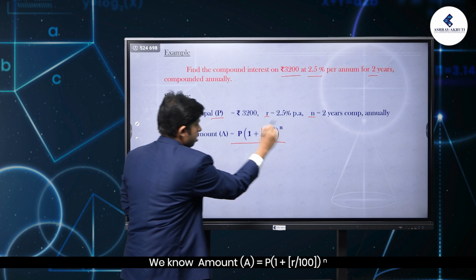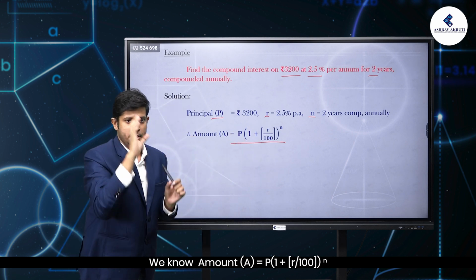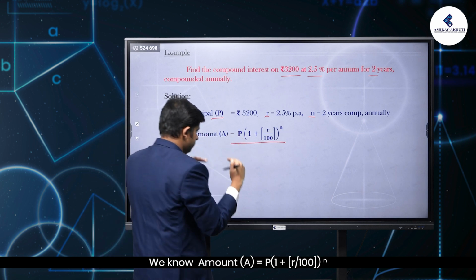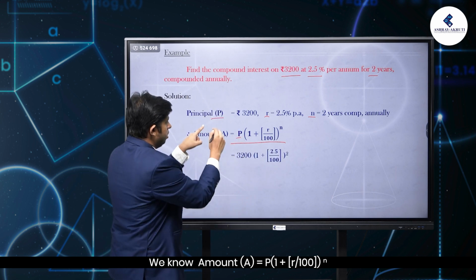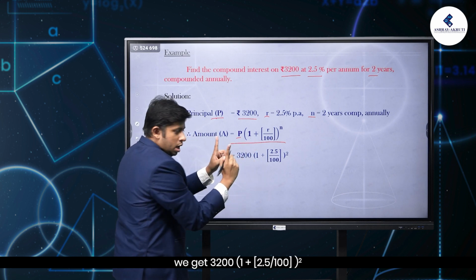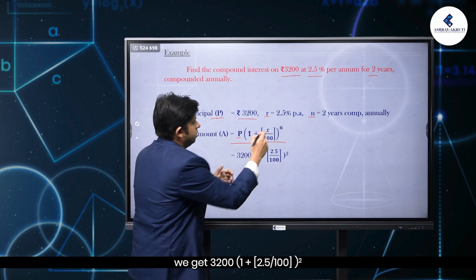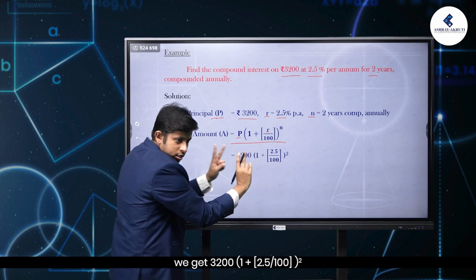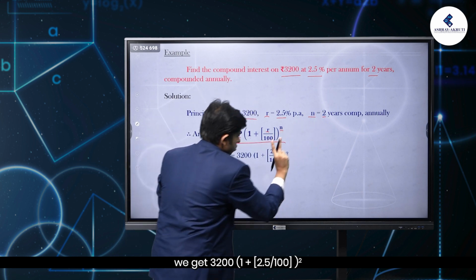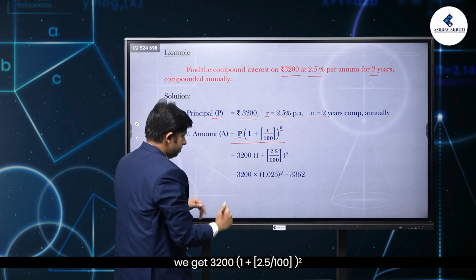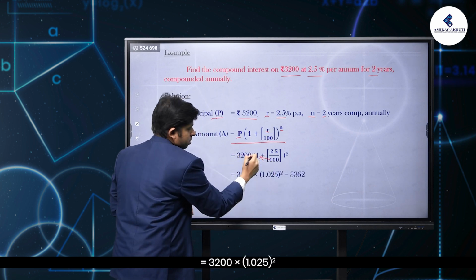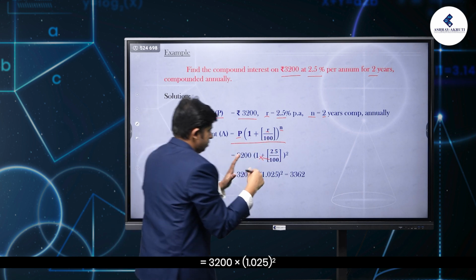We know amount A is equal to P into 1 plus R by 100 whole power n. Now substitute the values in the formula. We get 3200 into 1 plus 2.5 by 100 whole power 2. Then by solving, we get 3200 into 1.025 whole square.